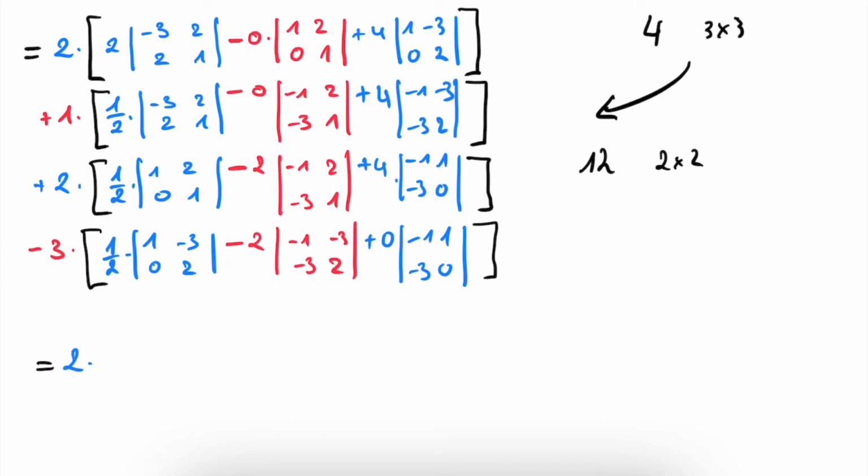So we have 2 times this first term, which becomes 2 times then the determinant of this 2 times 2 matrix becomes the multiplication of these 2 numbers minus the product of these 2 numbers.